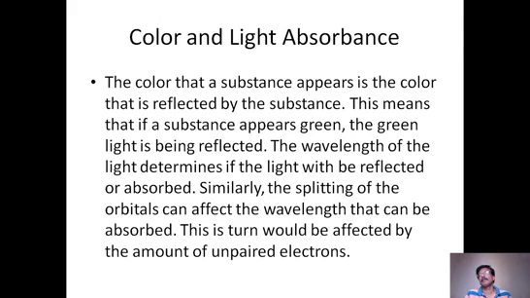Based on the wavelength of the light which is absorbed by the molecule, the remaining part of the wavelength is reflected back. So when an f electron jumps from a lower energy level to a higher energy level, it needs some light energy, and that light energy is absorbed from the visible range. That's why they look like having some colors.